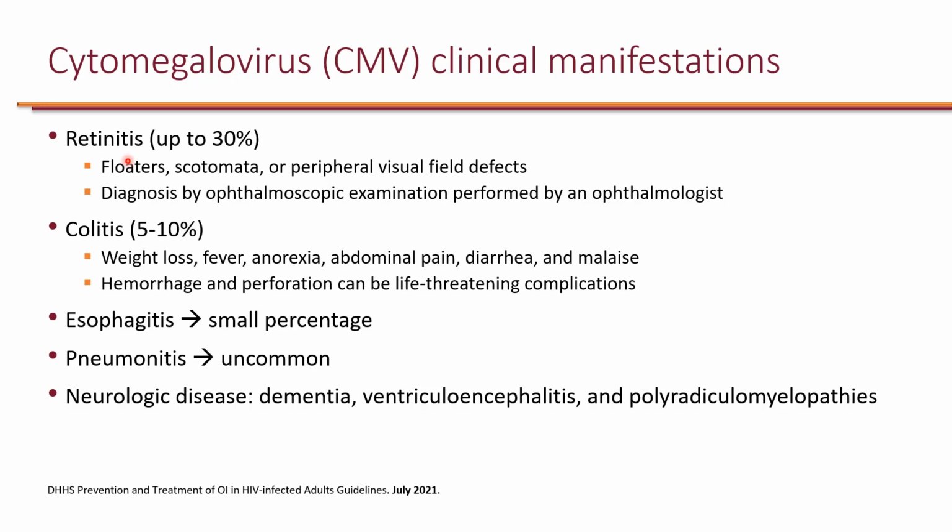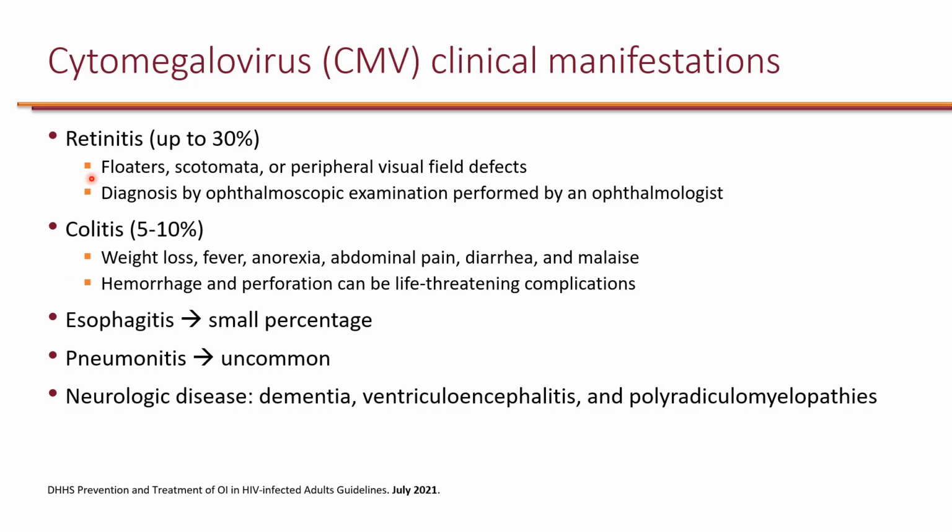In the era when individuals are receiving ART, it's really not as common anymore. And it's followed by colitis, about 5 to 10% of individuals. And then esophagitis in a very small percentage. Pneumonitis is very uncommon.